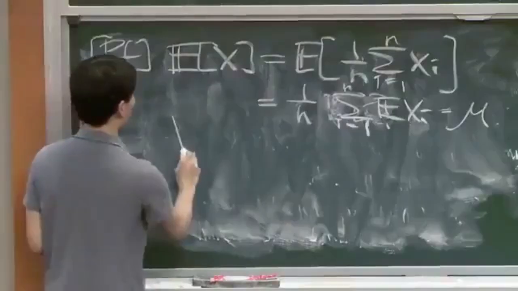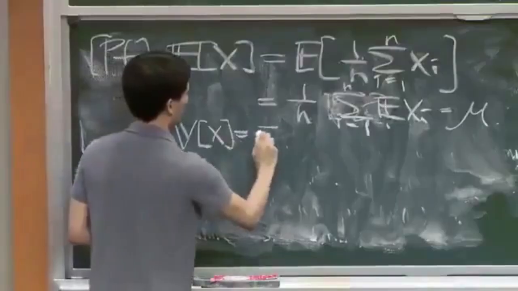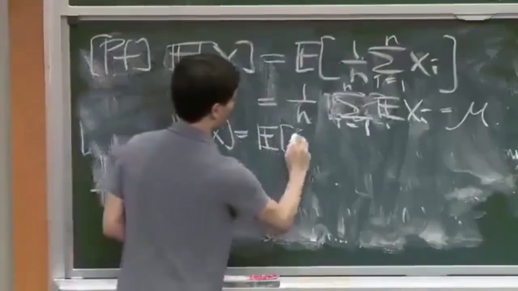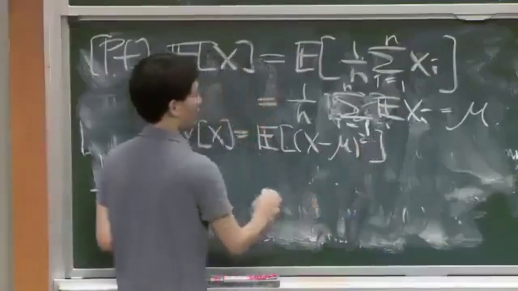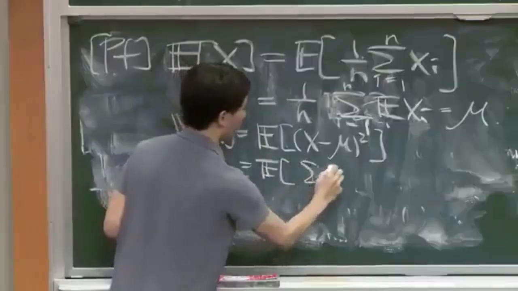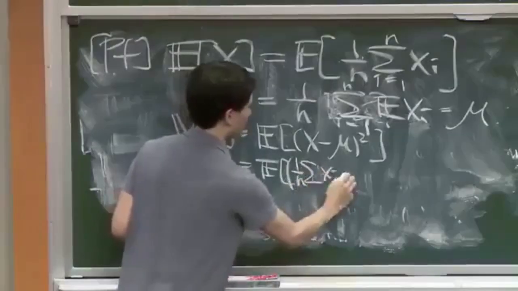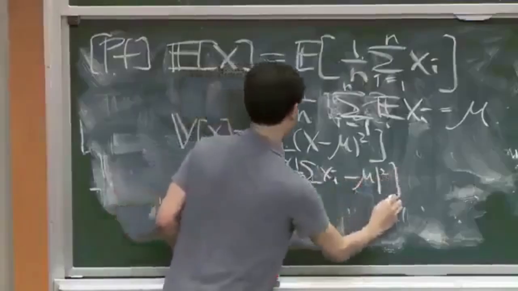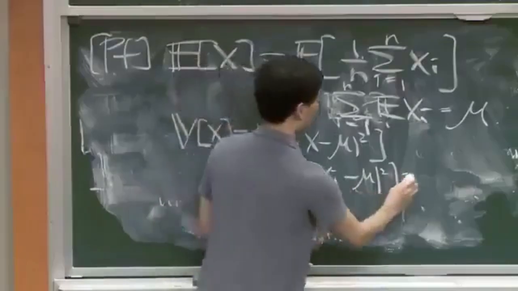And then the variance. What's the variance of x̄? That's the expectation of x̄ minus mu squared, which is the expectation of the sum over all i's minus mu squared. Now group them.